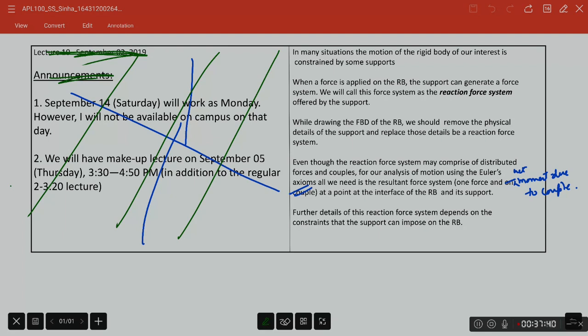I'll show you some figures in a little while, but let me first go over these points. When a force is applied on the RB, the support can generate a force system. And we will call this force system the reaction force system. So I'm going to talk about something called the reaction force system offered by a support.